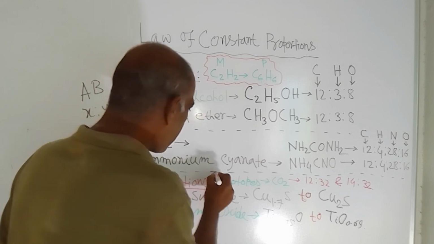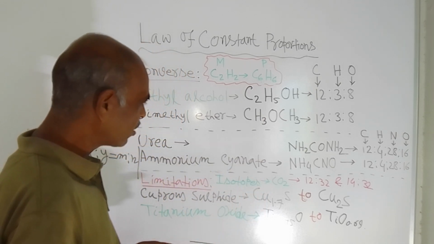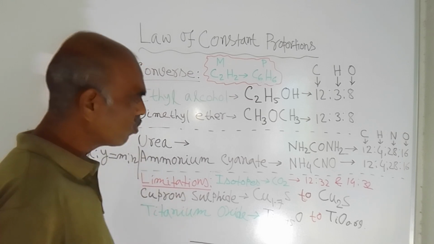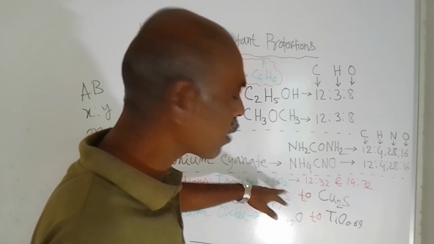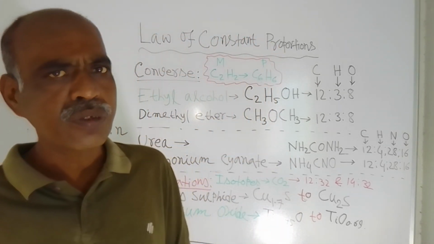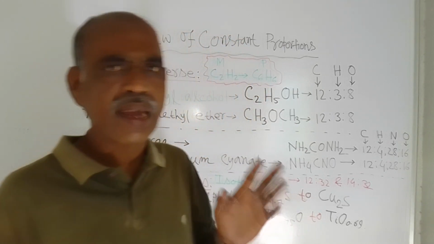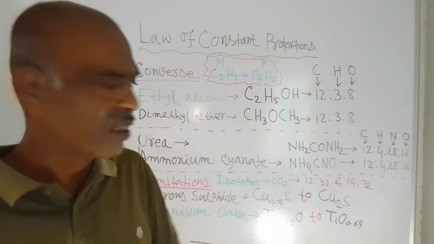Again, if you talk about isotopes, we have taken the example of carbon dioxide. You know that carbon has two isotopes, one is C12 and another one is C14.